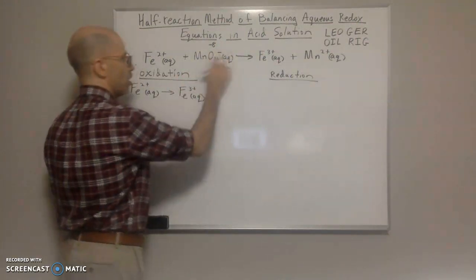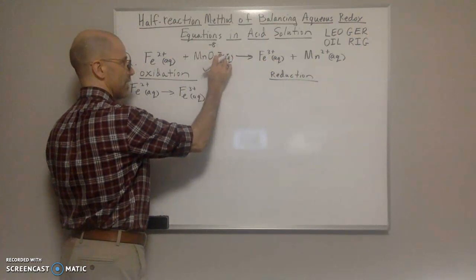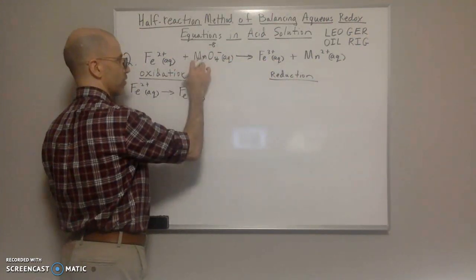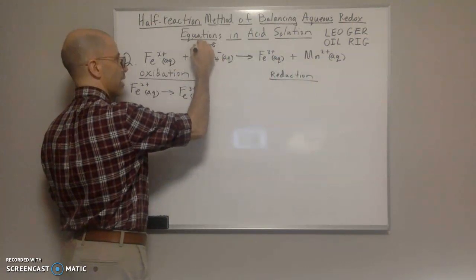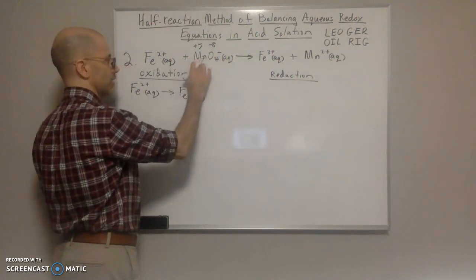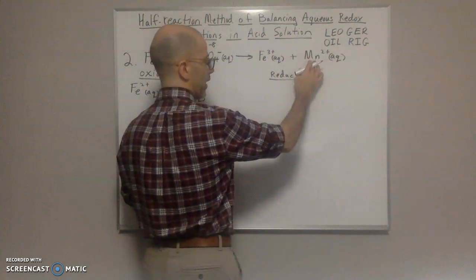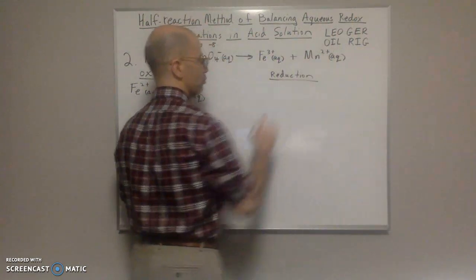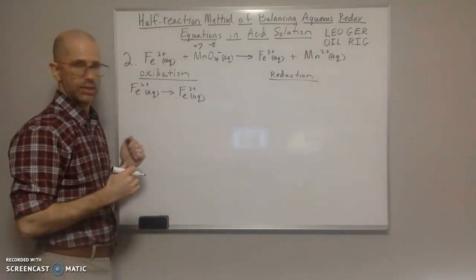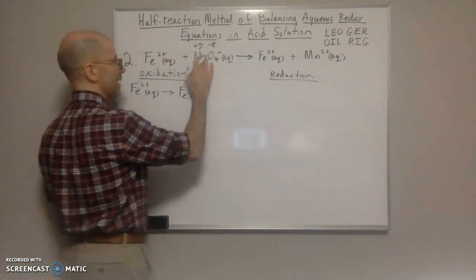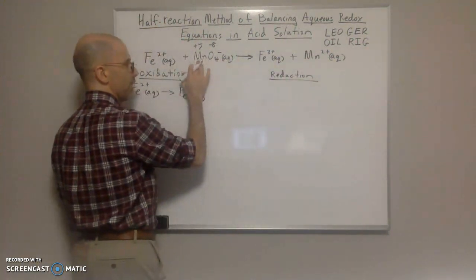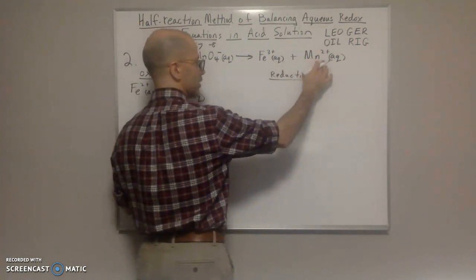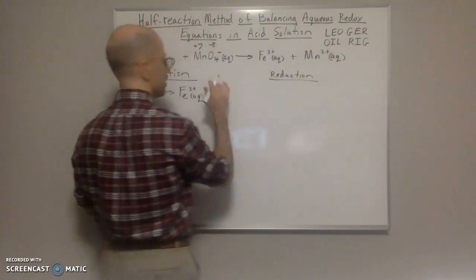Since the overall ion has a negative charge, that means that the manganese here has a +7 oxidation state. Over here, manganese has a +2 oxidation state. So it's gaining electrons. It gains electrons to go from +7 to +2. So that is reduction.